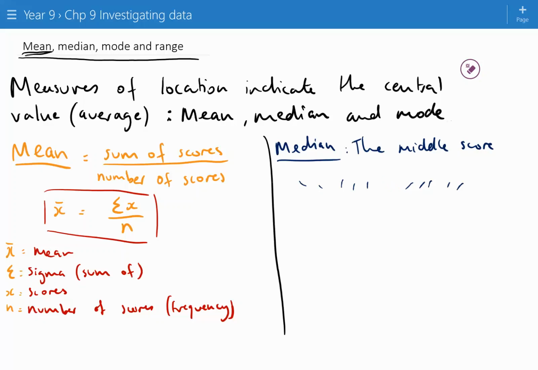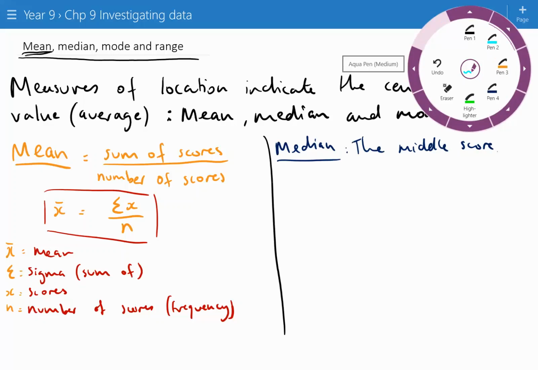Sometimes though, you're left with two scores in the middle. What we have to do is add them and divide by 2. We actually find just the mean of those two. So the median is the score right in the middle when we cross all the scores off. We'll do an example soon and we'll see as well. So median is the middle.